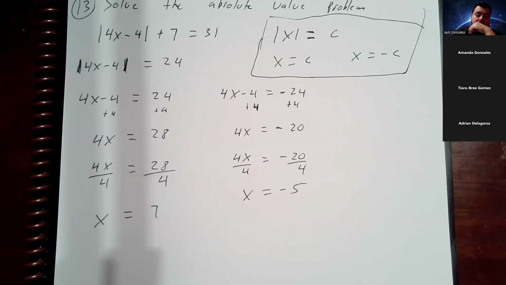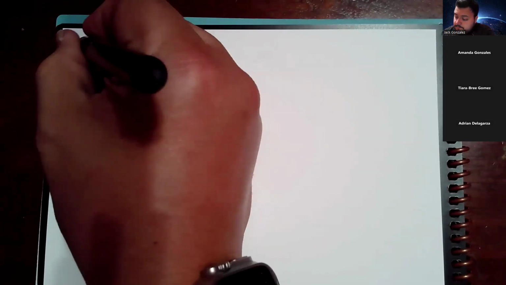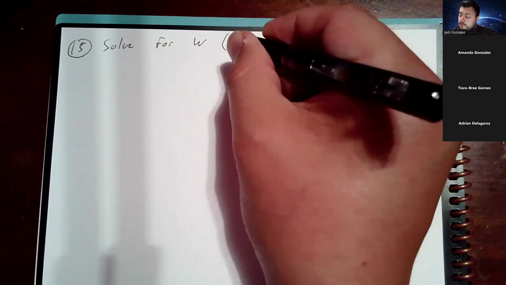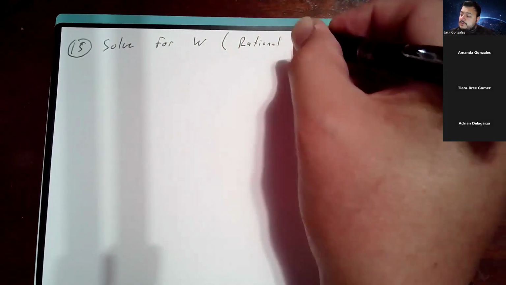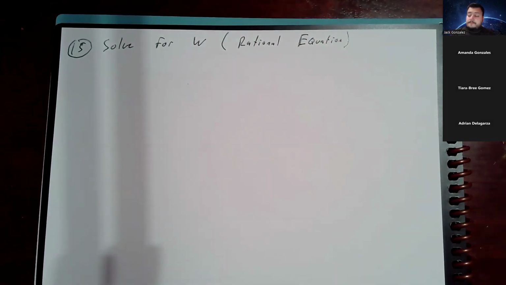Let's go ahead and do that. This is called a rational equation. So write the note there in case you want to look at more examples somewhere.